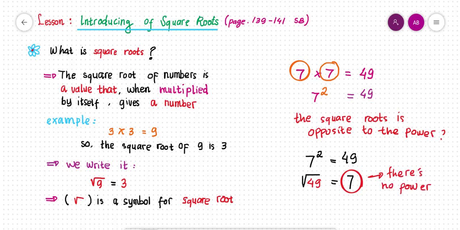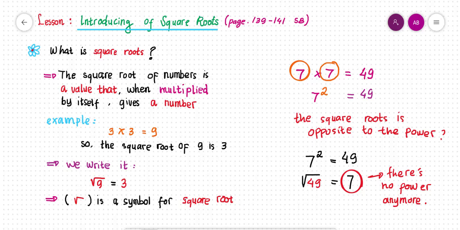So that's why if you find the square root, it will be a single number. But when you multiply it together, it will be the number that has a square. Square roots only happen when the number is multiplied by itself. So when it's multiplied by the same number, it will have a square root.